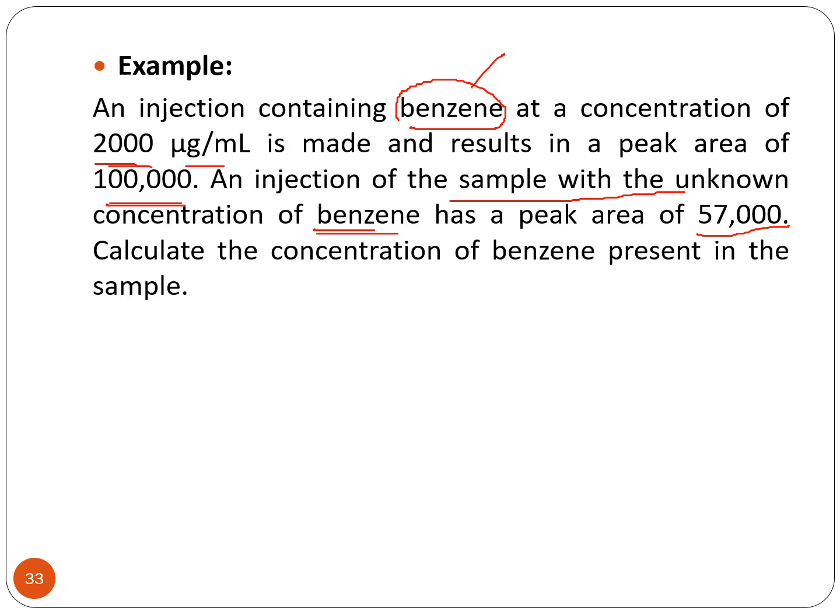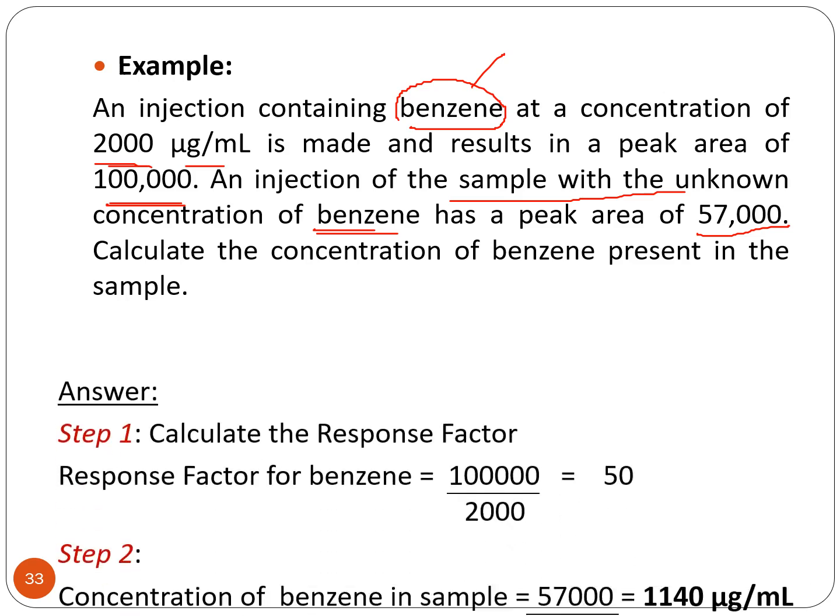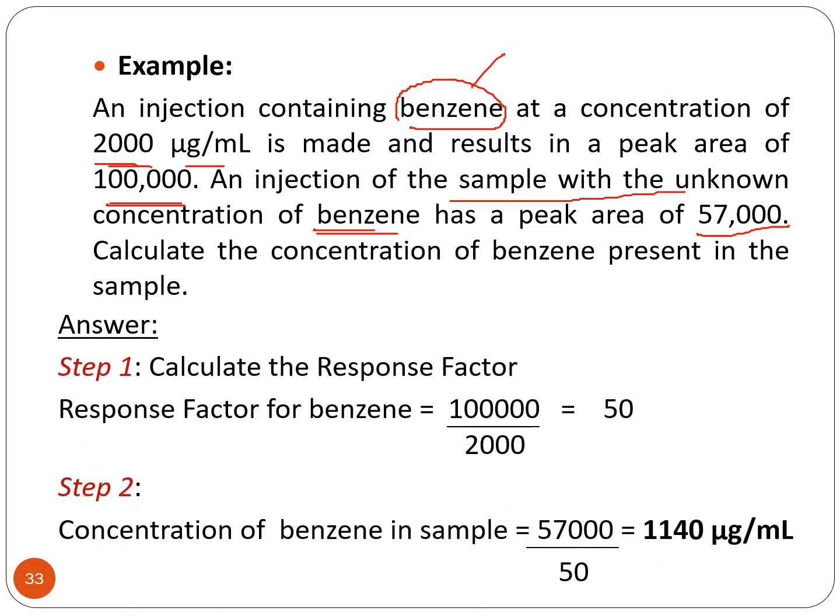Okay, macam mana yang nak buat? First of all, you kena tahu the response factor for benzene. Macam mana tadi? Nak kira kita peak area bahagi dengan concentration. Dapatlah 50 dia punya response factor. And then nak tahu concentration of benzene in the sample, kita pun kira sebab kita dah tahu response factor.